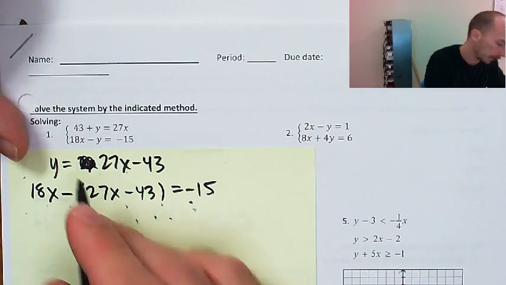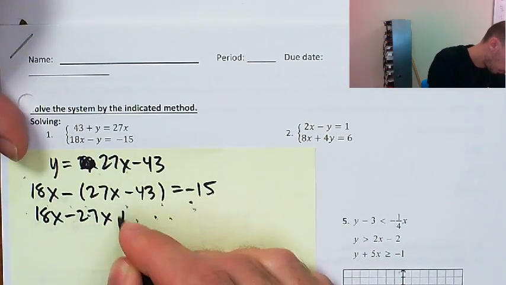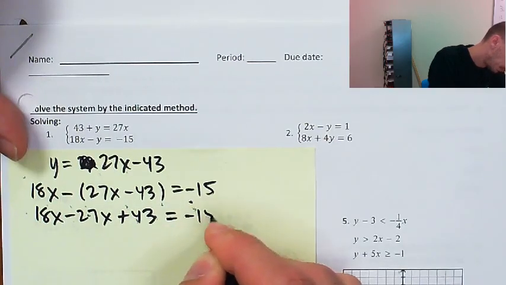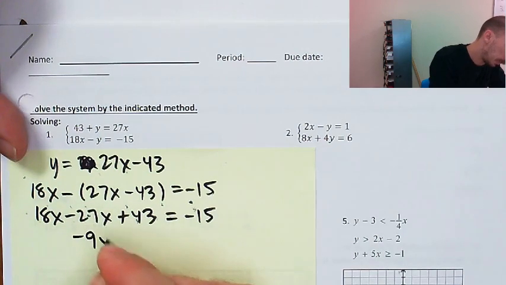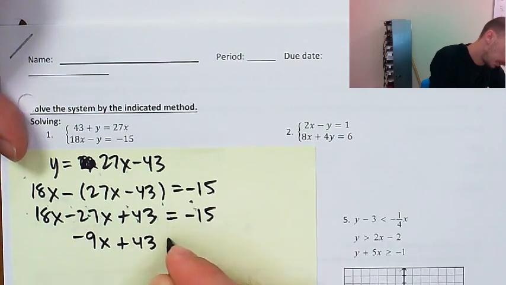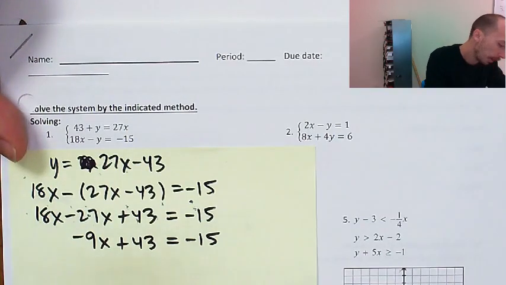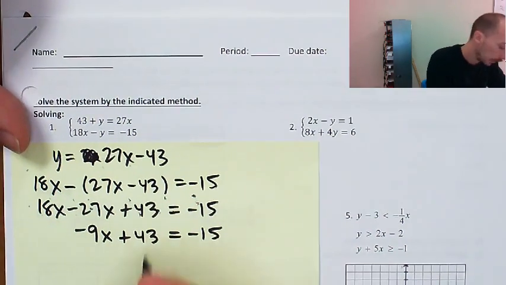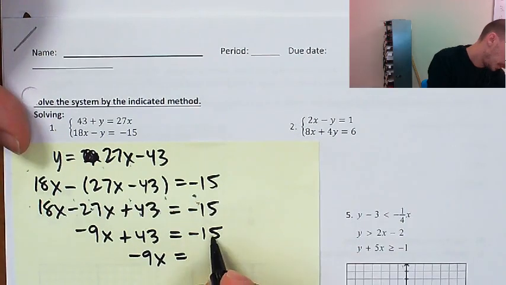Then I'm going to combine 18x minus 27x plus 43 equals negative 15. And I'll have negative 9x plus 43 equals negative 15. Okay. So I'm going to need to subtract 43 from both sides. And I'll have negative 9x equals negative 15 minus 43 more, which is going to be negative 58.